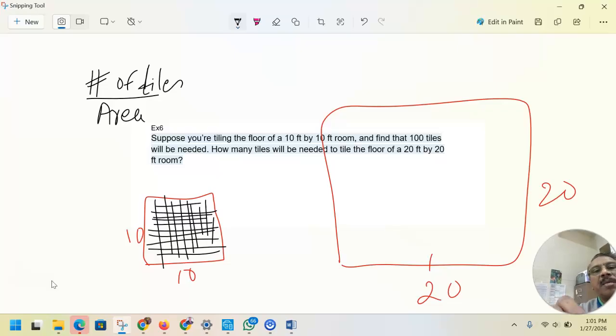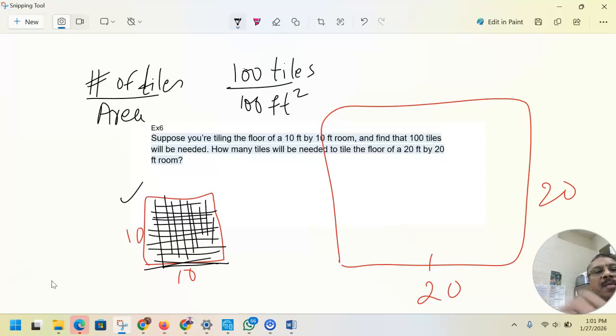So we can set up the proportion as, the area of the first one, when it is 10 feet, we saw the area is 100 feet square, and the number of tiles is 100 tiles. So if this area is 100 feet square, then the number of tiles equals the area.